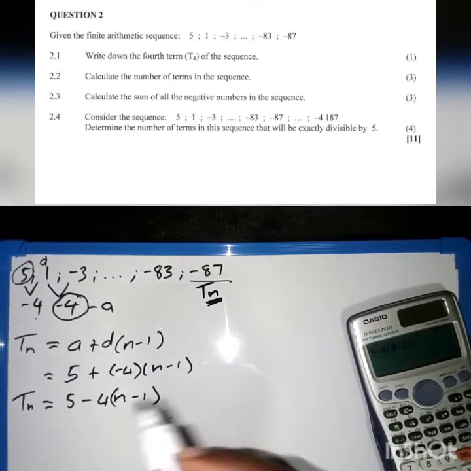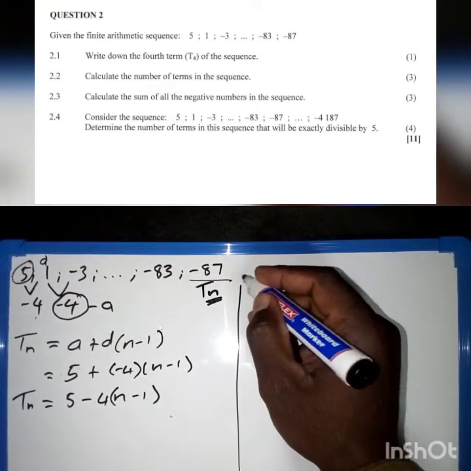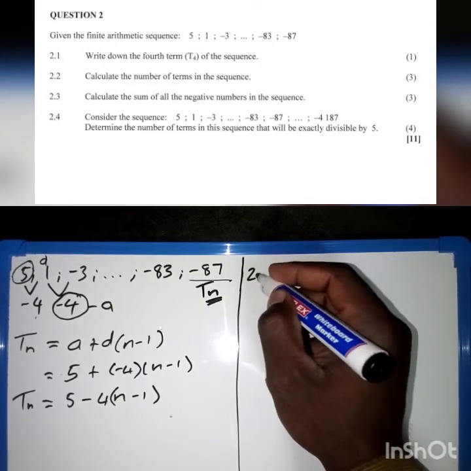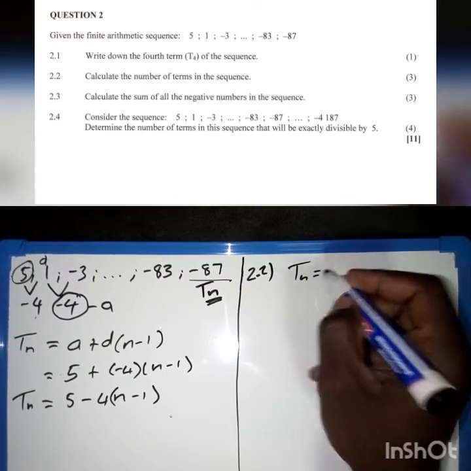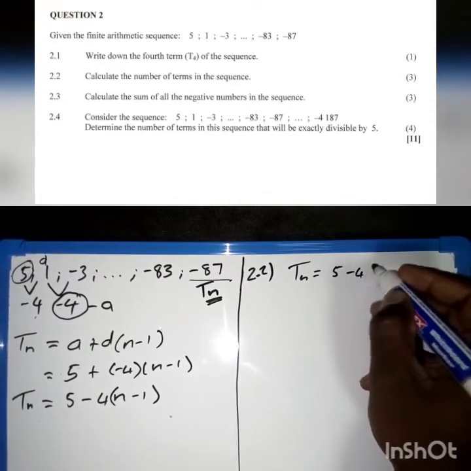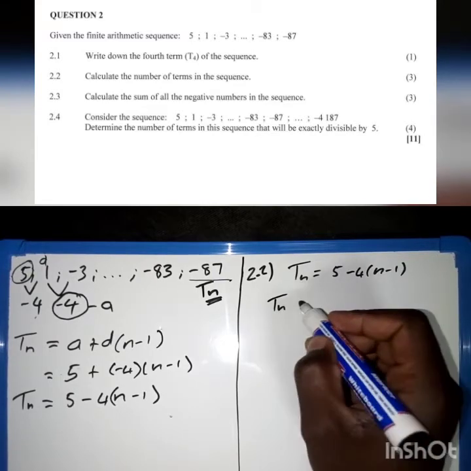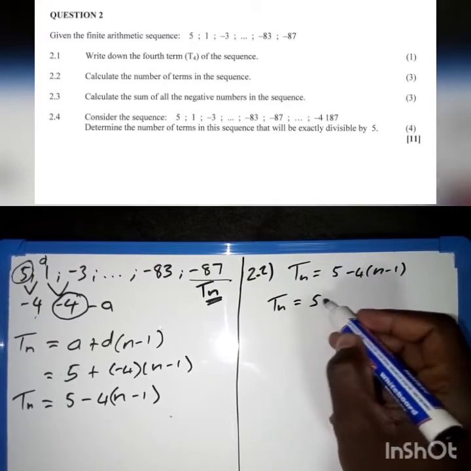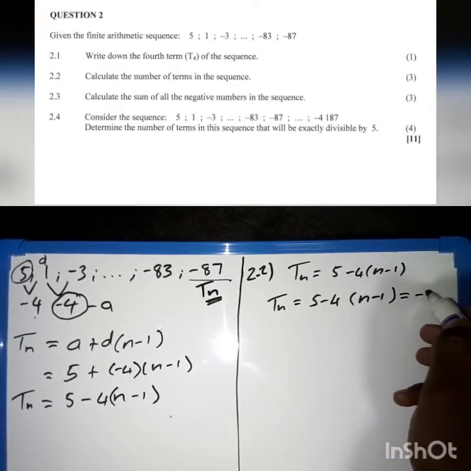Continuing on this side, 2.2, we've got Tn is equal to 5 minus 4 times n minus 1. Tn will be equal to 5 minus 4 times n minus 1, which is equal to negative 87.